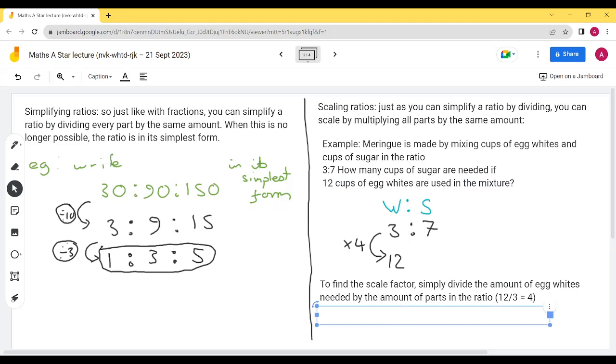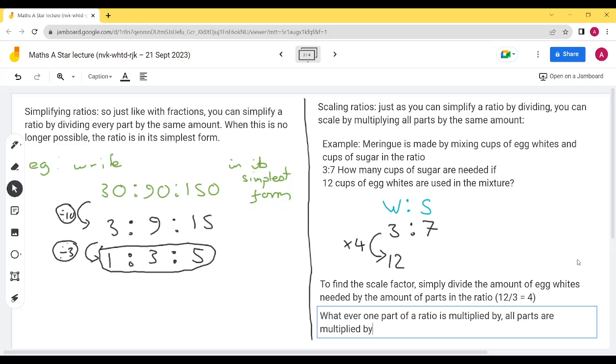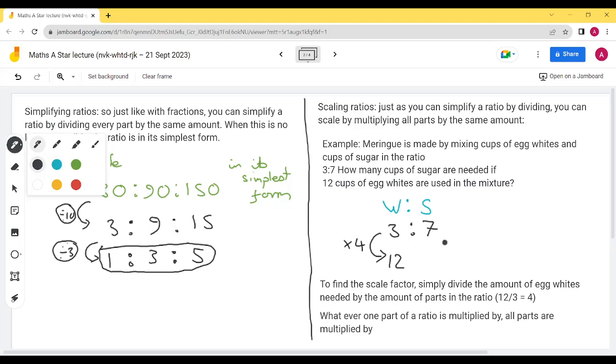And then remember, we're scaling, just as when you're simplifying. Whatever one part of a ratio is multiplied by, all parts are multiplied by. So here we've got the 3 to 12 times 4. We are going to do the same with the 7. So we can do 7 times 4, and that's going to give us our final answer of 28. That's a lot of cups of sugar, but yeah, that's the answer.